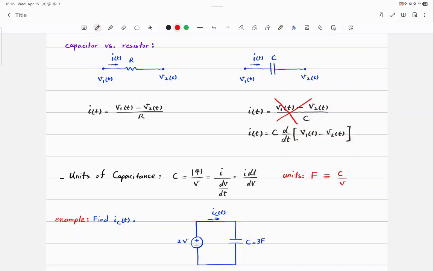Coulomb per volt or amp second per volt, right? Any problems so far?